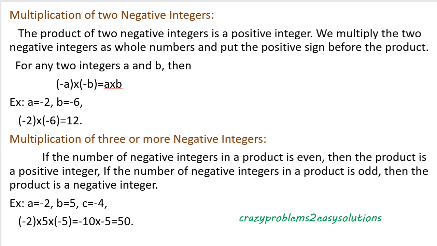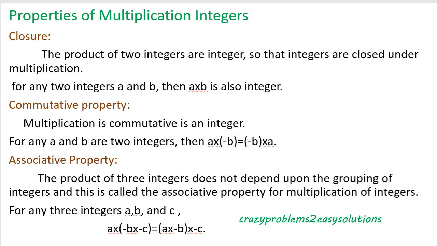Multiplying them, there are two minus signs, so the answer becomes positive. If the negative integers occur an even number of times, the answer is positive. If they occur an odd number of times, the answer becomes negative.